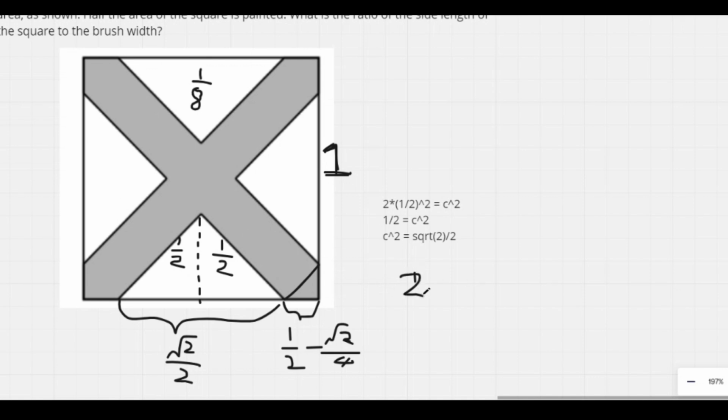So 2 times (1 over 2 minus square root of 2 over 4) squared equals c squared, which is the width. So we'll just calculate this.